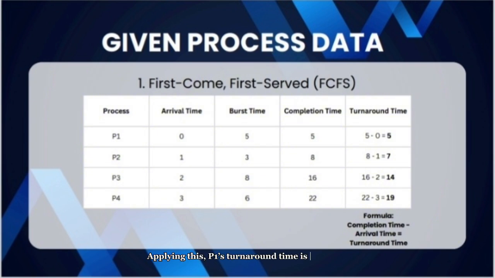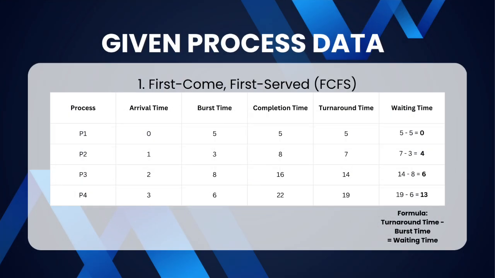Applying this, P1's turnaround time is 5 minus 0 equals 5, P2's is 8 minus 1 equals 7, P3's is 16 minus 2 equals 14, and P4's is 22 minus 3 equals 19. This shows how FCFS scheduling handles process execution strictly by arrival time and allows us to compute turnaround time directly from completion and arrival values.